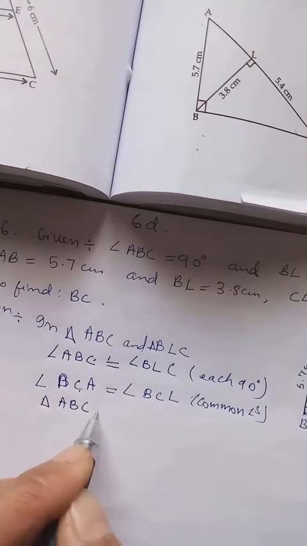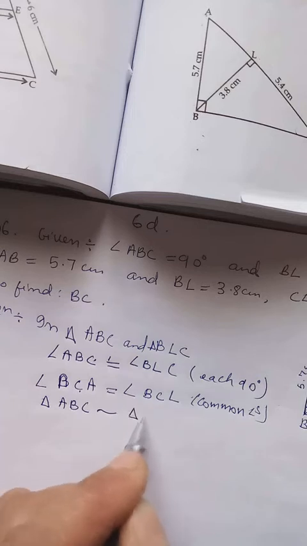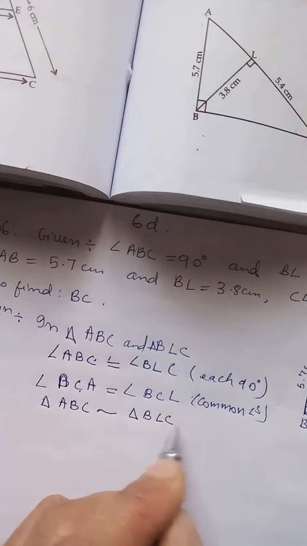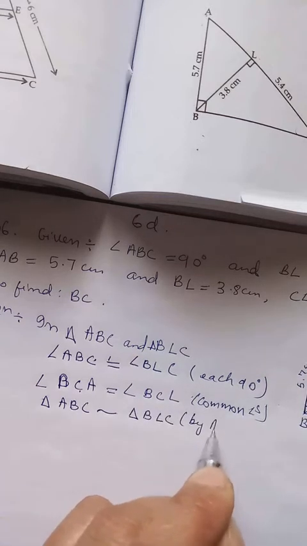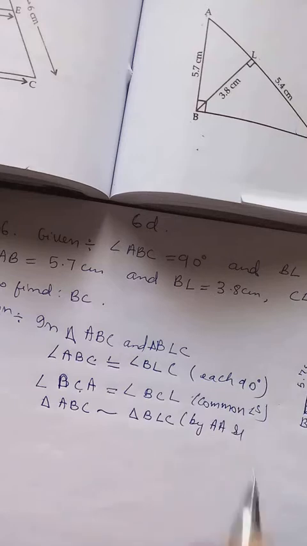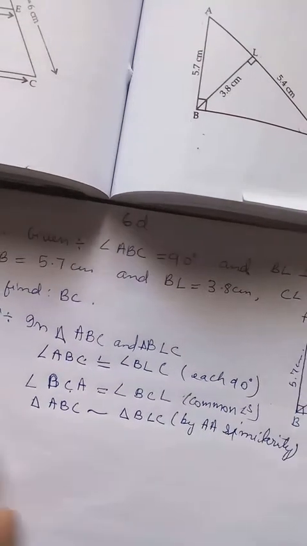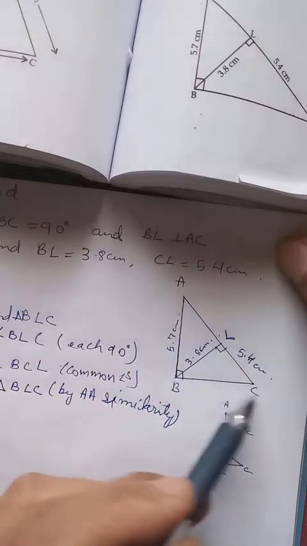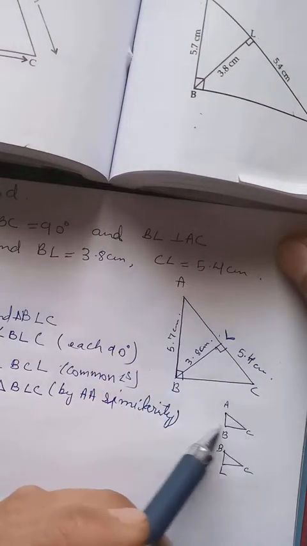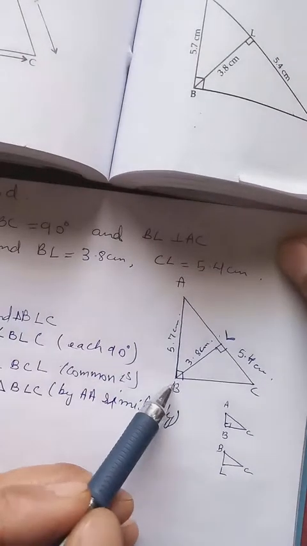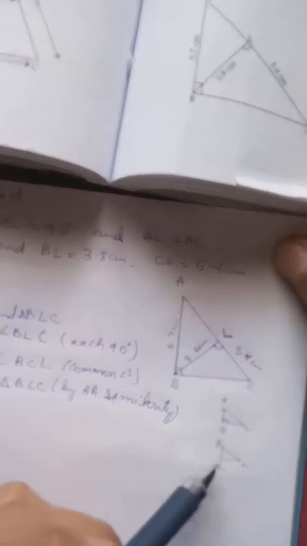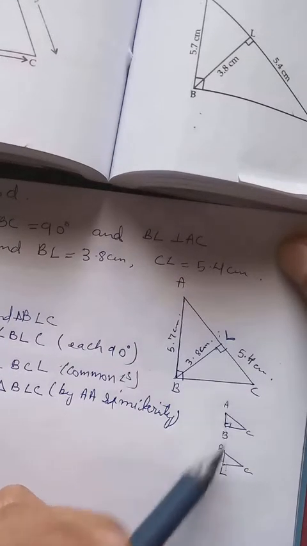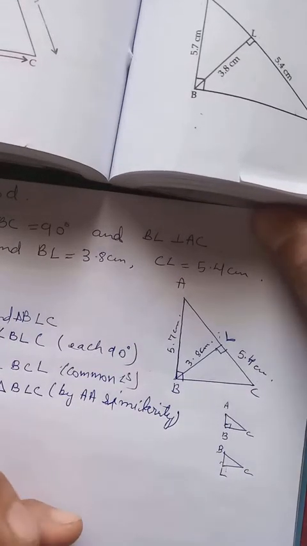So once the triangles are similar, we can take the ratio of the sides. Similar by what? By AA similarity. In order to take the ratio properly, you redraw this separately. Okay, ABC, in such a way that this is 90, and here also BLC, so that we have 90, 90. They correspond to one another, so it is easy to take the ratio.